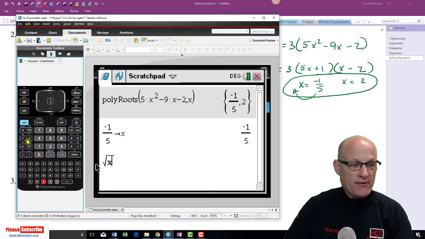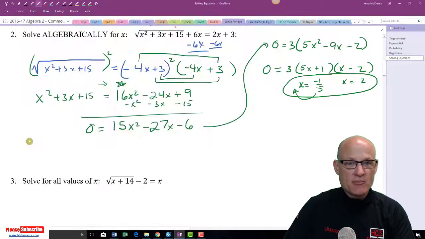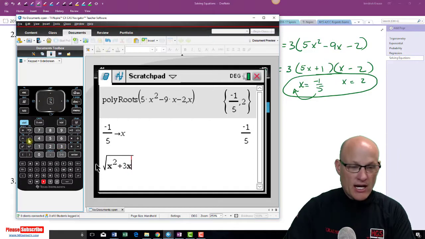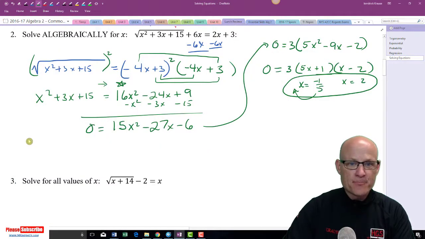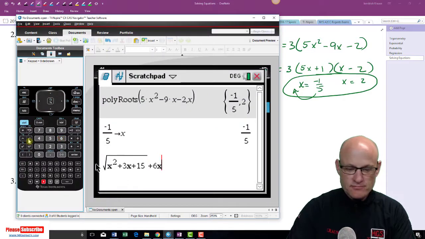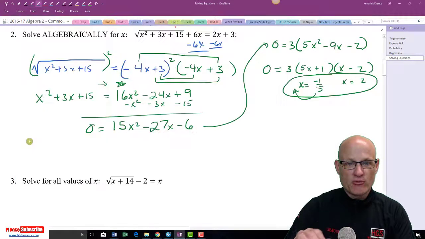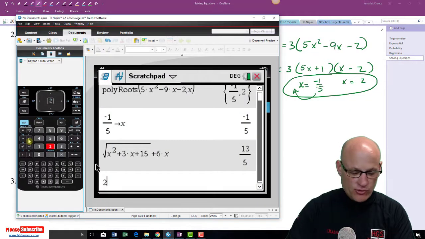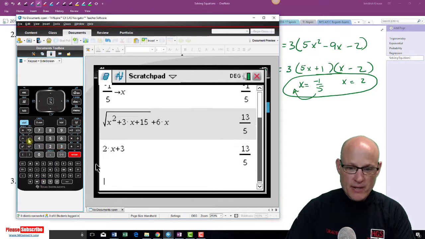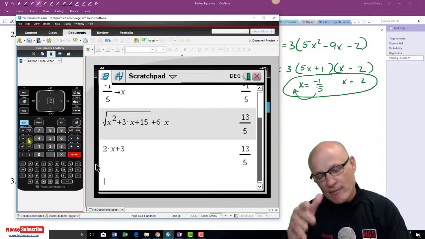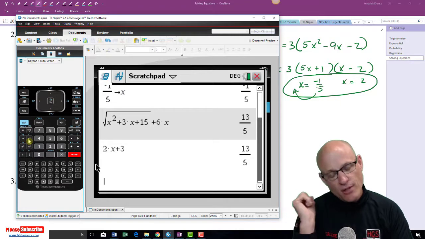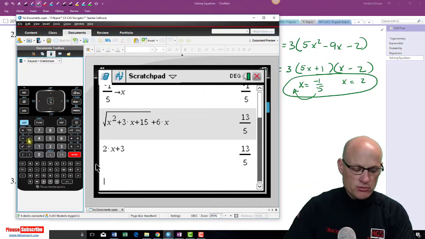It works 85% of the time, but that one time you want it to work, I'll almost guarantee it's going to mess with your brain. So you type in the left side, 13 over 5. You type in the right side, 2x plus 3. Bam, 13 over 5. I'm assuming you can tell if those are equal. Those two are equal. So 2, control var x. Now we got to check the other one.